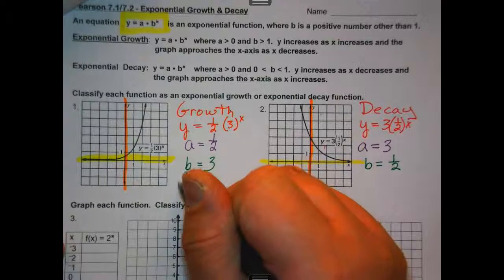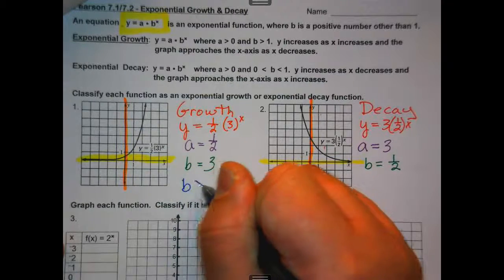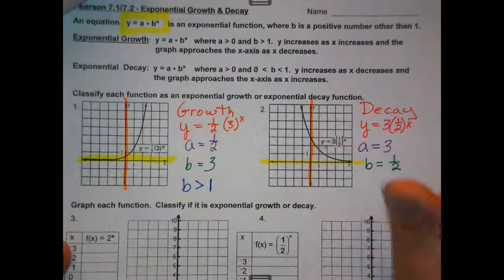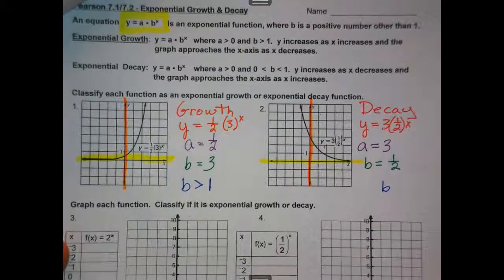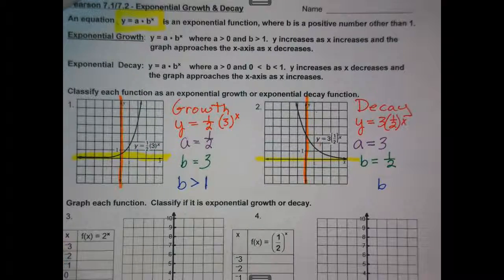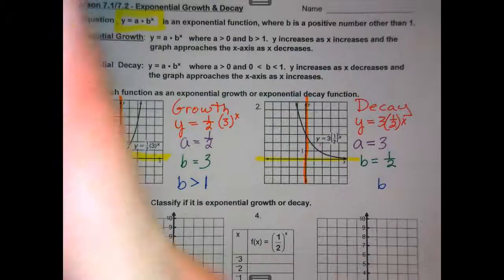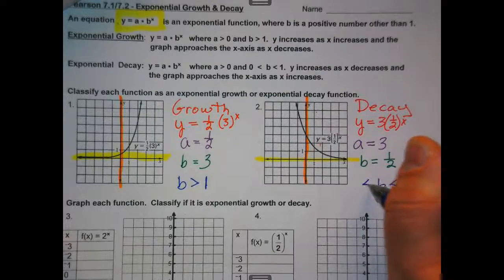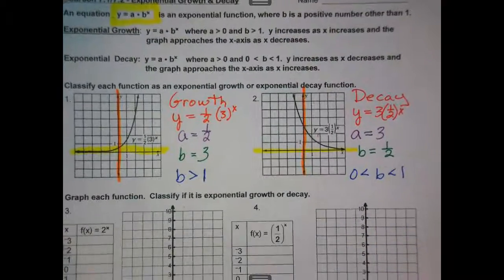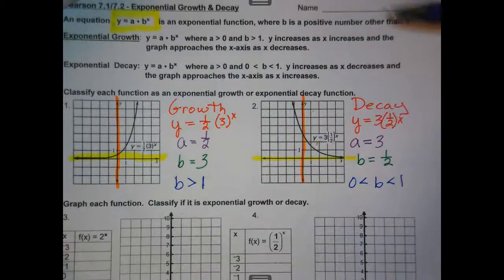Good. And it's not only a whole number, greater than 1. What about my b here? It's a fraction. It's less than 1, but greater than 0. Okay? So, here's the rules up here.